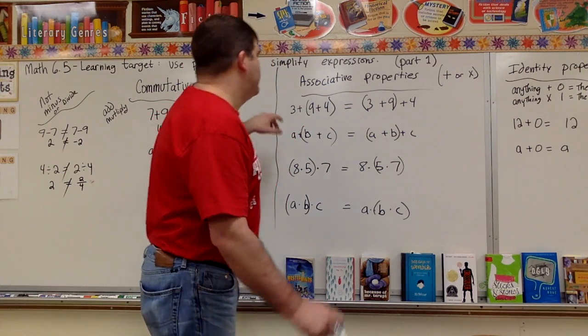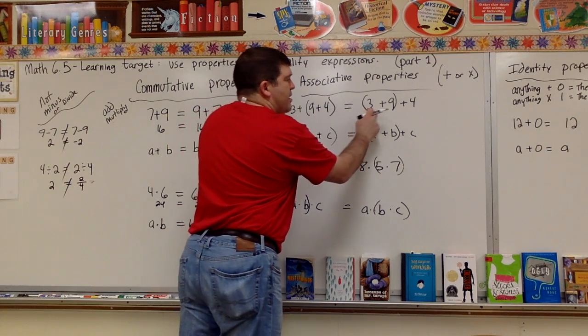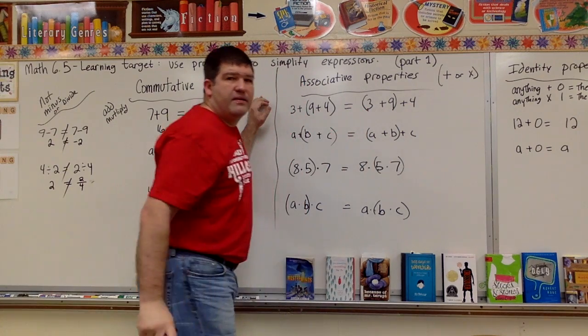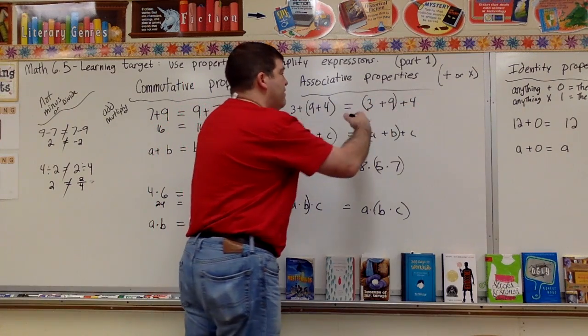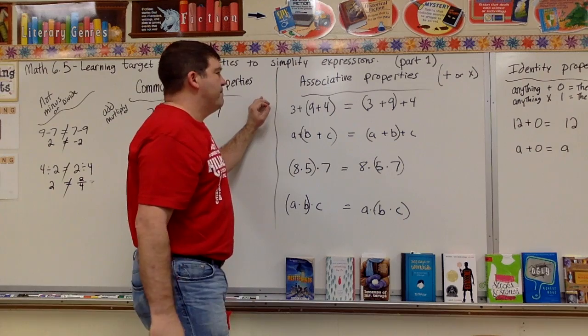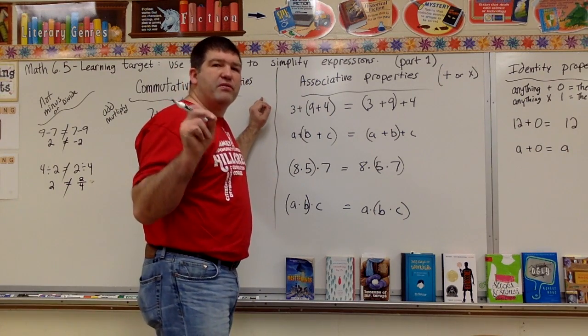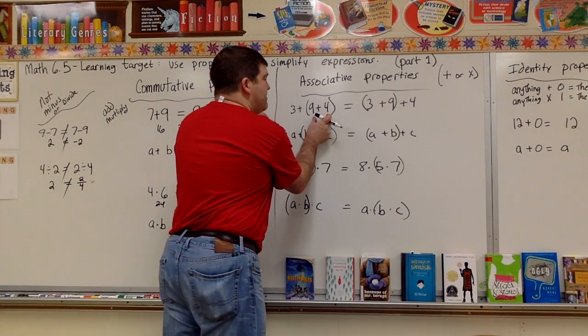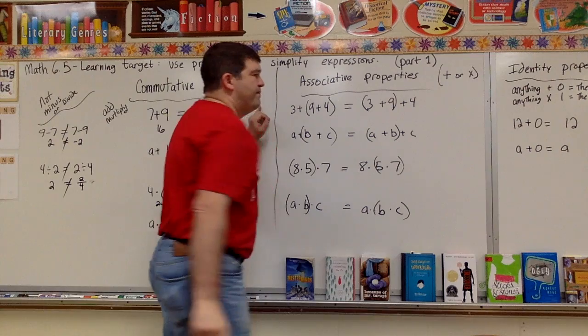Do you see how I have 3 plus 9 plus 4 and 3 plus 9 plus 4? They're in the same order, 3, 9, 4. But the parentheses, based on order of operations, tell me I have to do those first. I group these together first. On this side, I group these together.